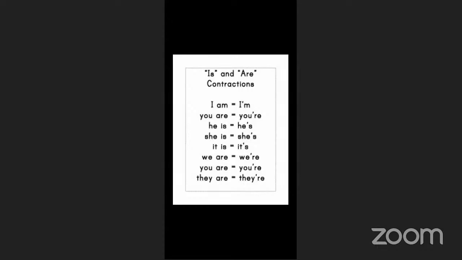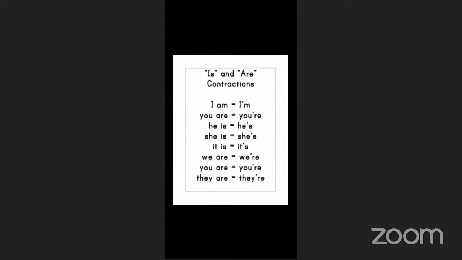I'll read it for you once again, and you can read them with me. I am, I'm. You are, you're. He is, he's. She is, she's. It is, it's. We are, we're.